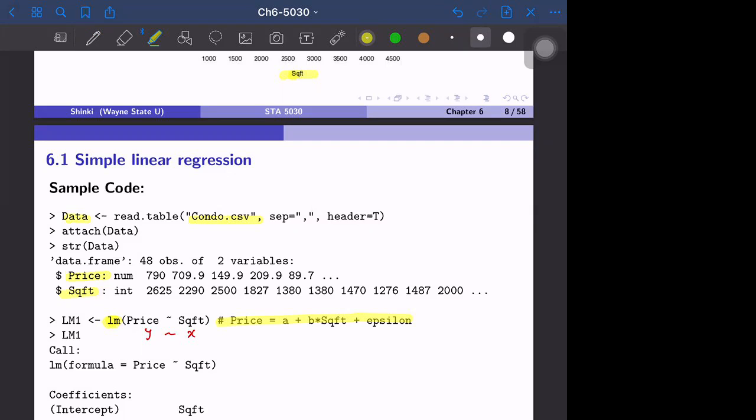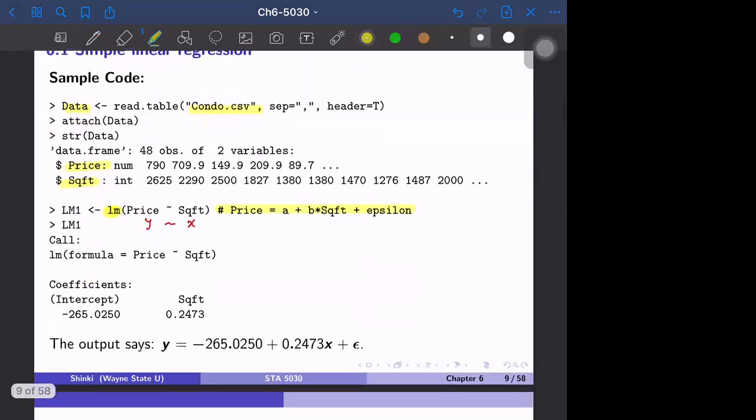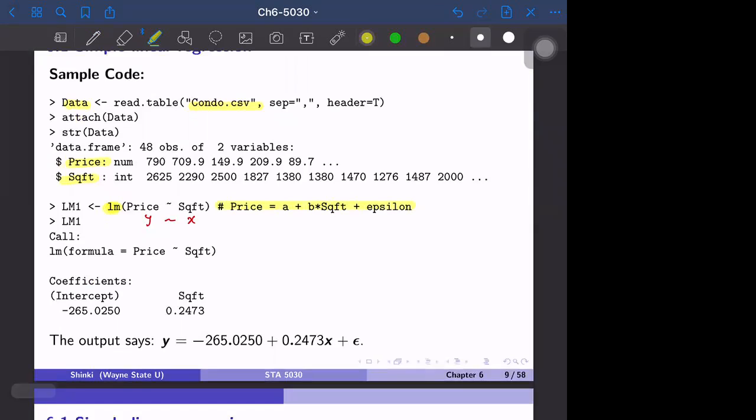Then we get the result here: intercept and square footage. Intercept is negative 265 and the coefficient for square footage, b, is 0.2473. So this is a hat and this is b hat. This means y is equal to negative 265, in $1,000, plus 0.2473x.